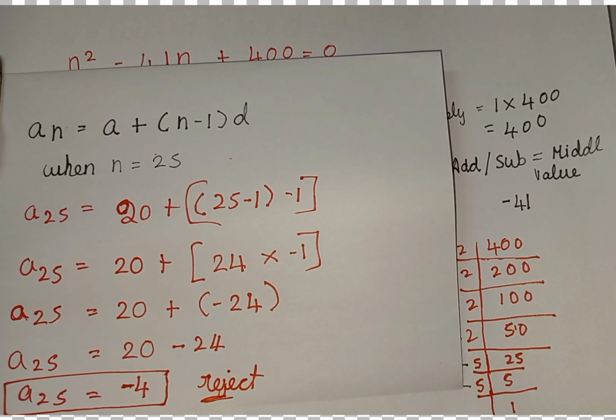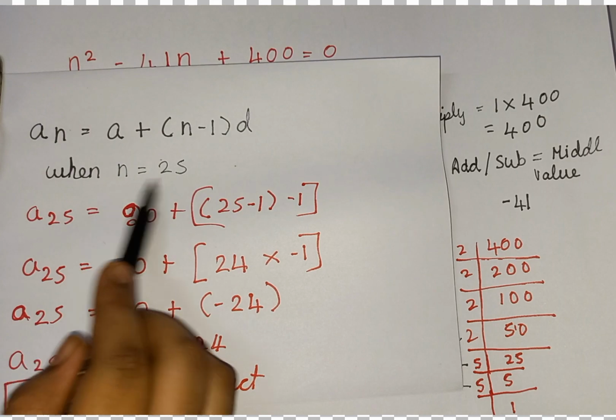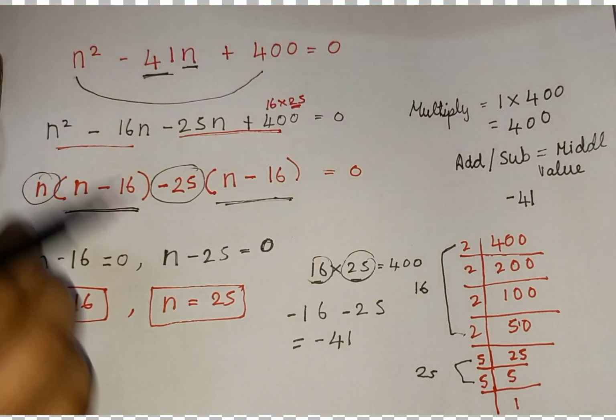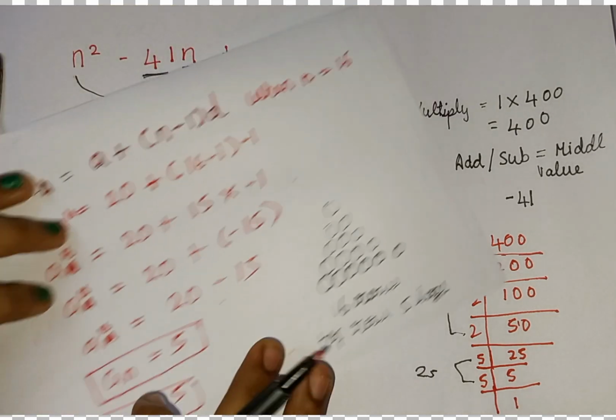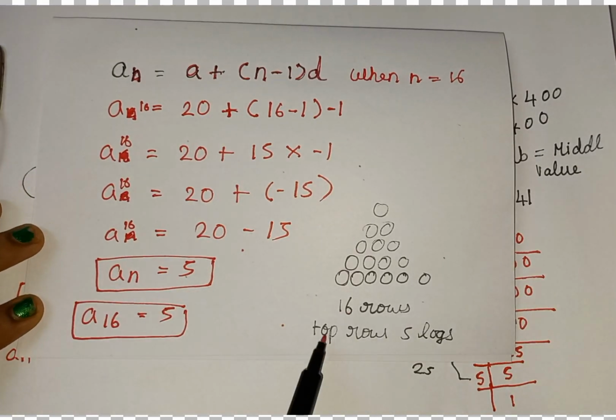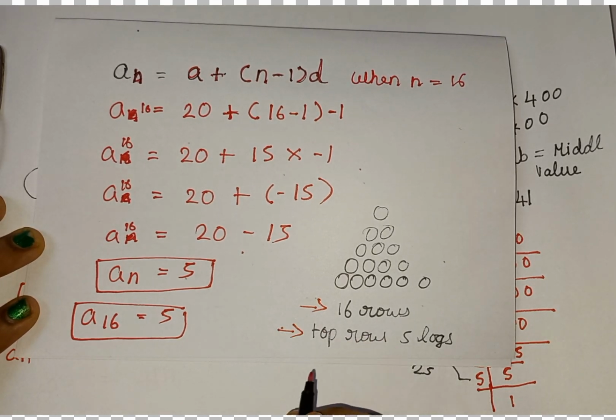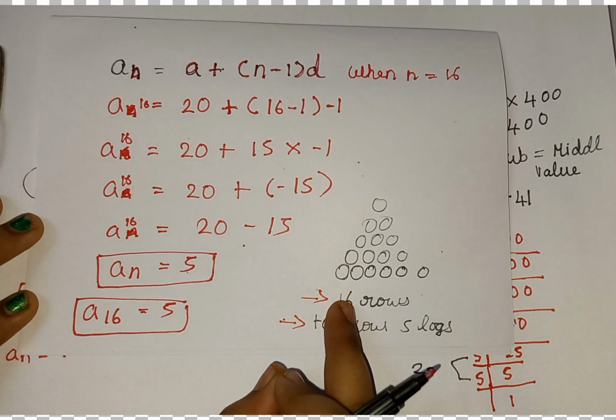So the n value 25 is rejected. Then what is going to be our answer? Then our answer is there are 16 rows and in the top row there are 5 logs. So this is our answer.